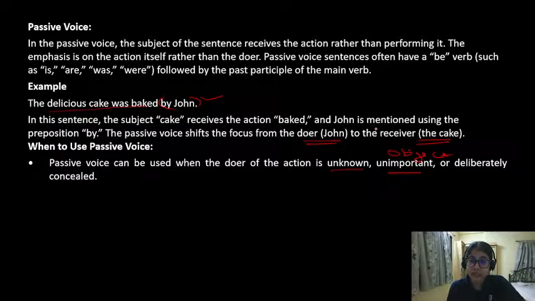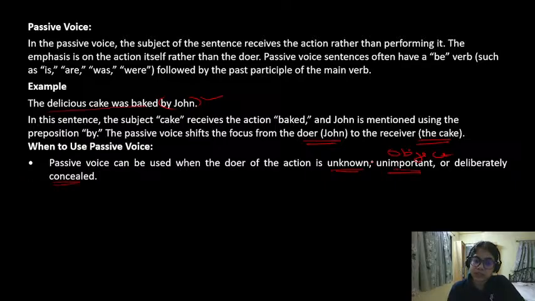But if he feels John, a lazy man who has never done anything in his life, finally bakes a delicious cake and wants to put the focus on John, then the author or a writer can choose to write in active voice, focusing on the subject. Okay, so usually passive voice is preferred when the doer of the action is unknown, unimportant, or we want to conceal him.